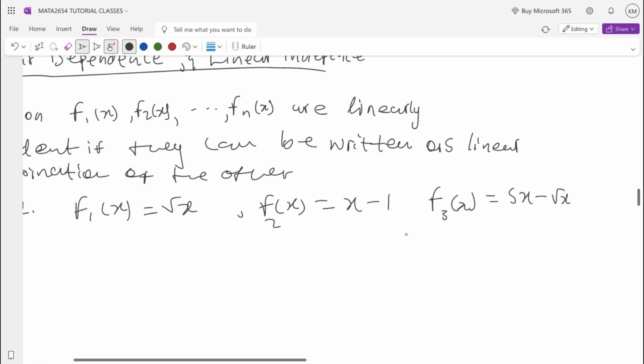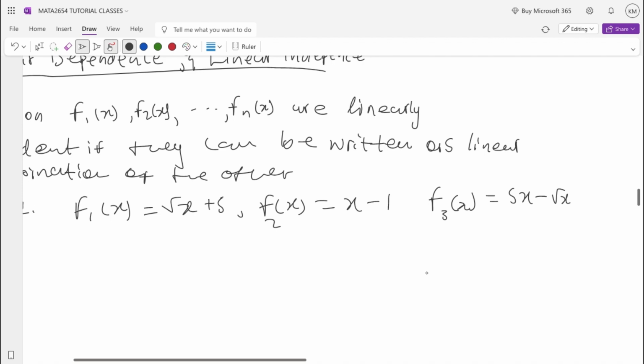But yeah, if we have something like this, let me see which one can be written as a linear combination of the others. So let me say here we have plus 5 instead.